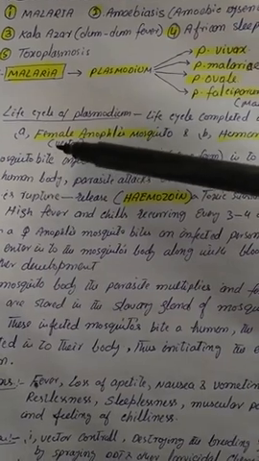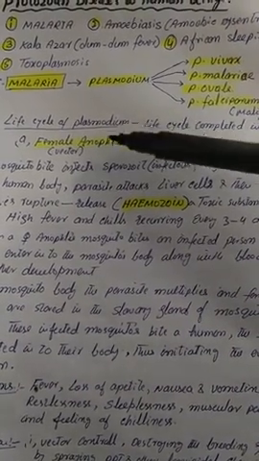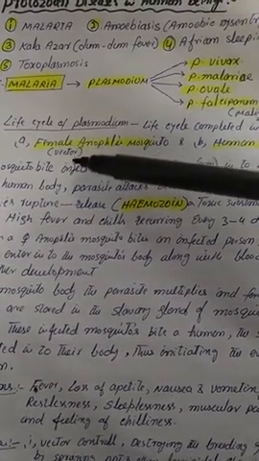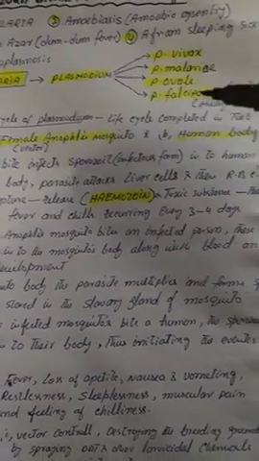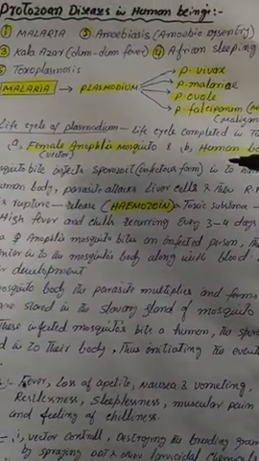That is, number one, the female Anopheles mosquito, also known as the vector. That means it is basically a transmitting agent. And the second host, the main host of this parasite, is the human body.